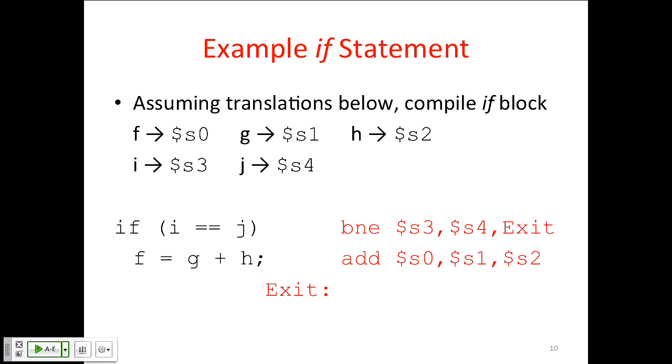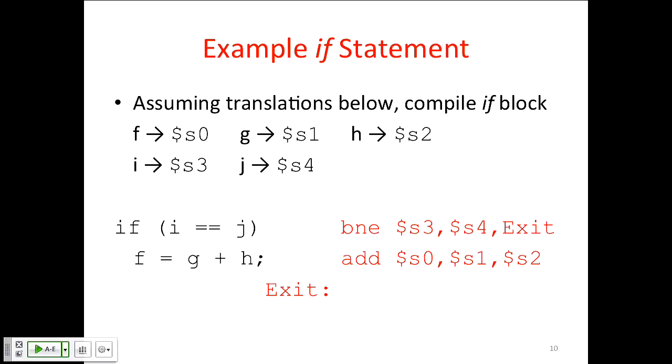So in the C code, you wrote a condition. When this condition is true, then do this piece of code. But if the condition is false, you're going to skip over it. So the way you translate that into the assembly code is check for the opposite condition, branch if not equal to the exit. This will then branch to the exit if this condition is false, which is the same as just jumping around this in the C code.